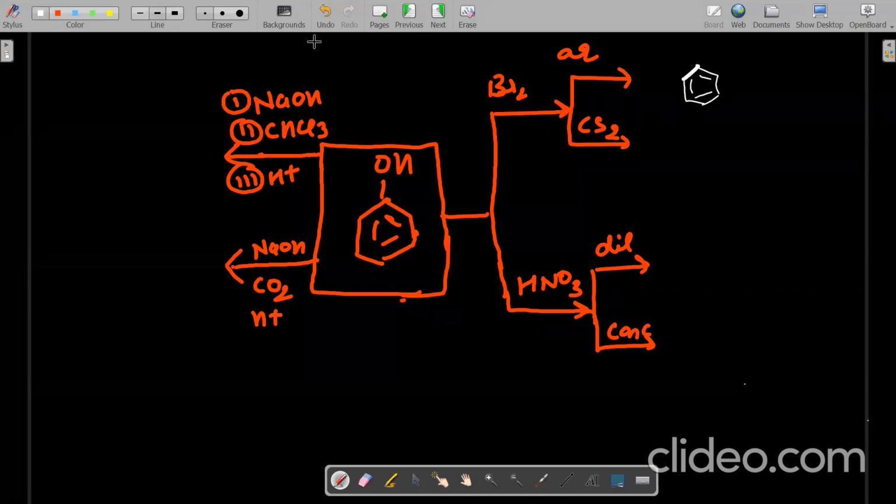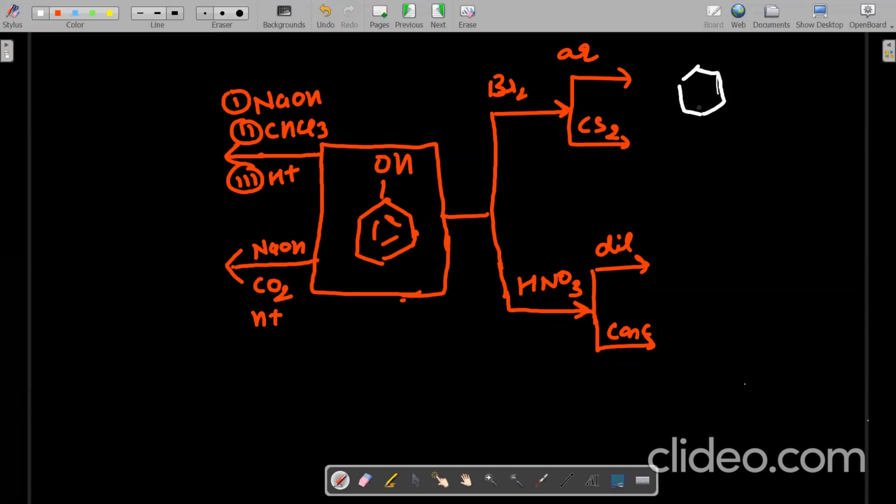Okay, so first is the bromination. In bromination, what have we received? Tell me the product. 2,4,6-tribromophenol with bromine water.